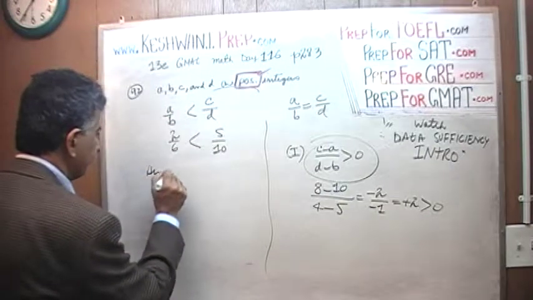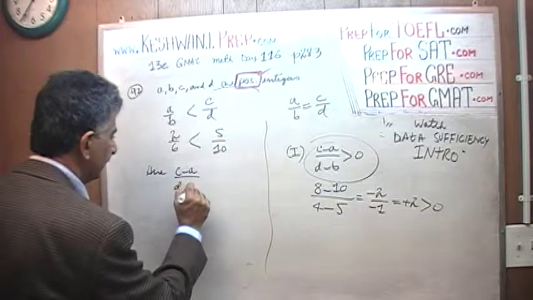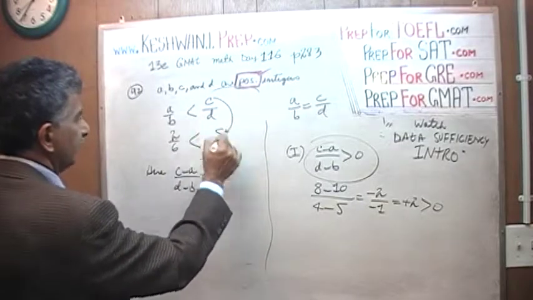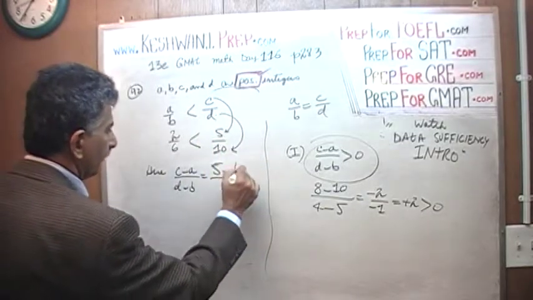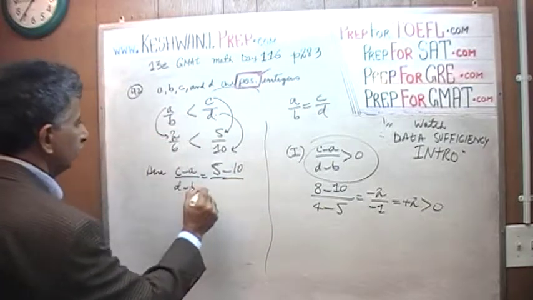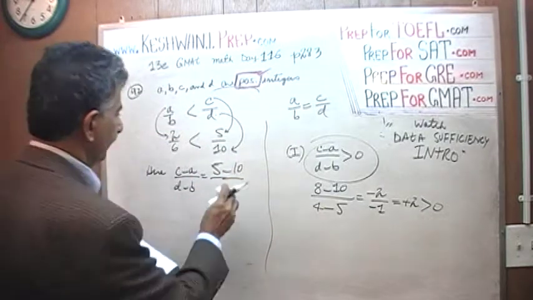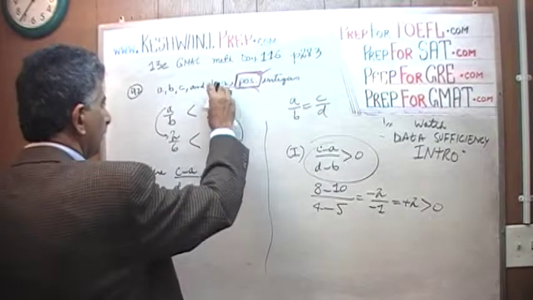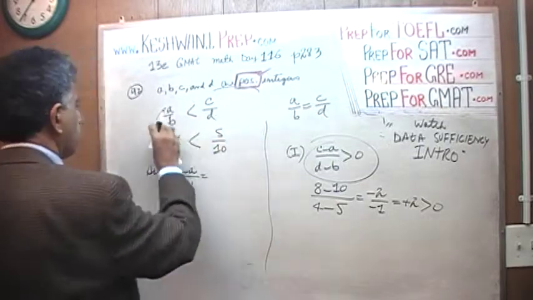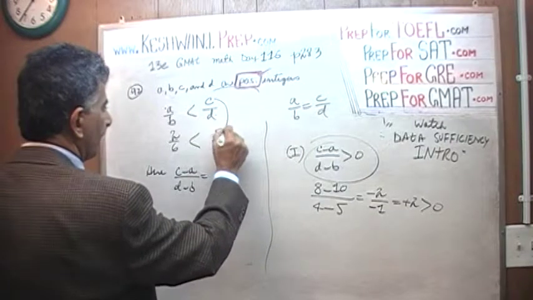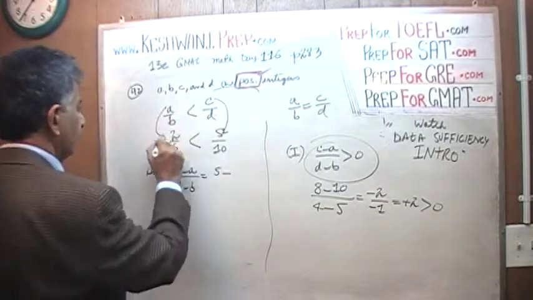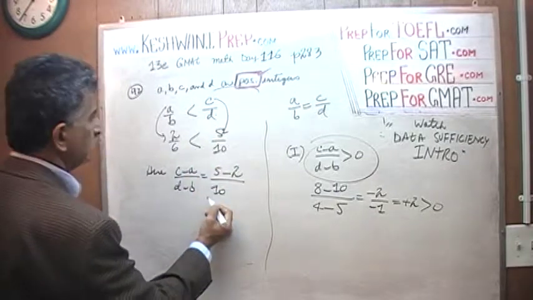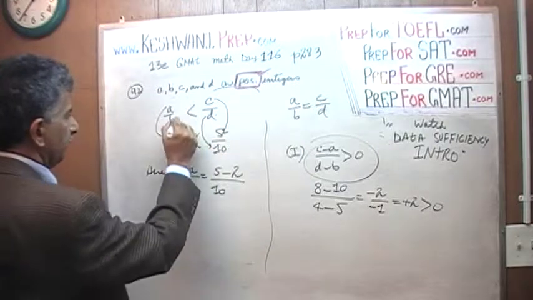Here, C minus A over D minus B. C is 5, D is 10, A is 2. So C, which is 5, minus A, which is 2, over D, which is 10, minus B, which is 6.